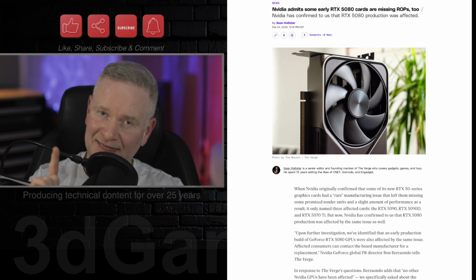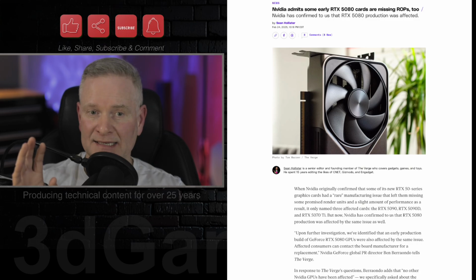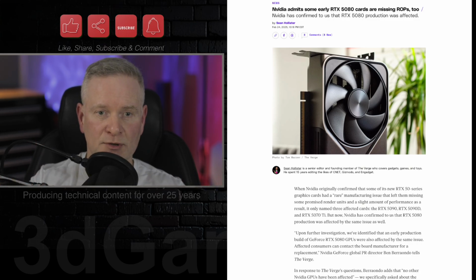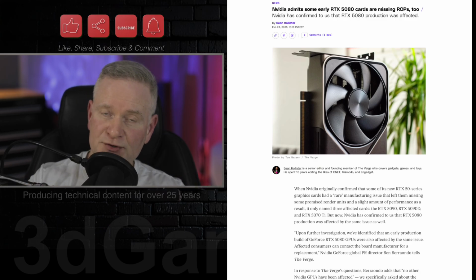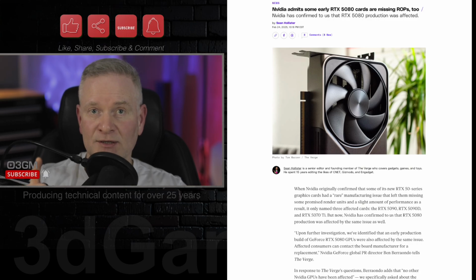ROPs take that information and do some critical last-minute work, like anti-aliasing that smooths out the jagged edges. It makes your image look better. Blending combines colors and transparency effects for a more realistic look. As well, the output prepares the final image to be sent to your monitor.